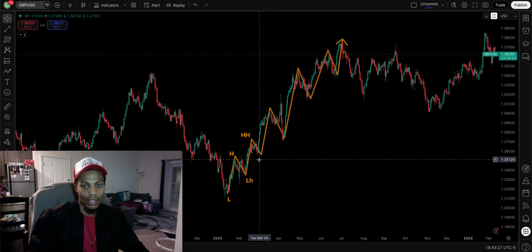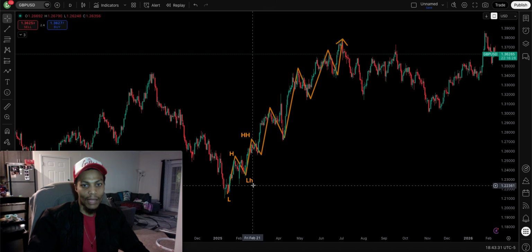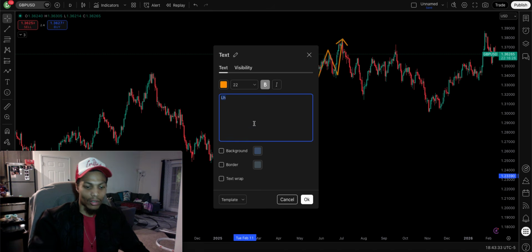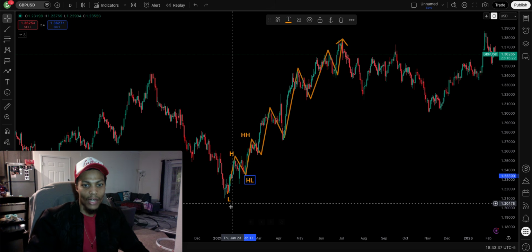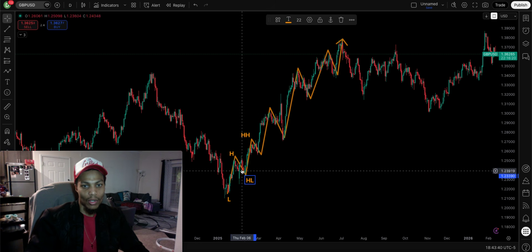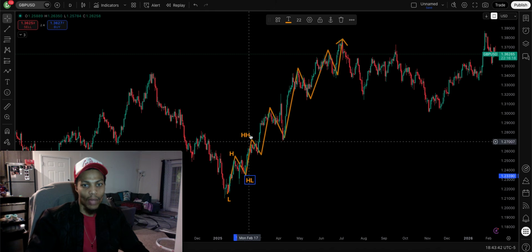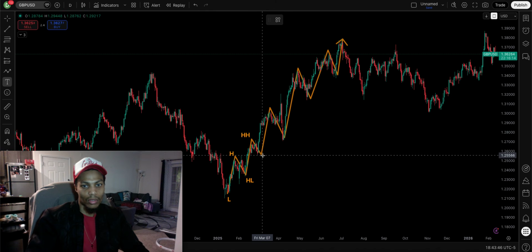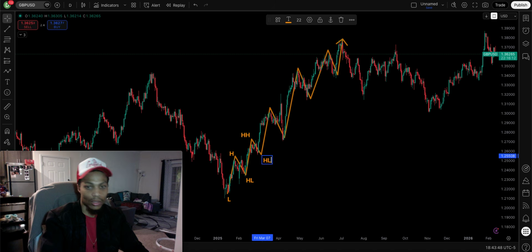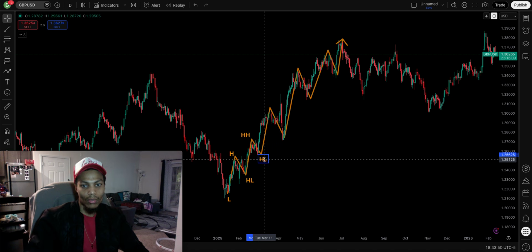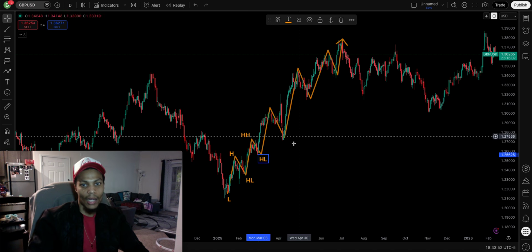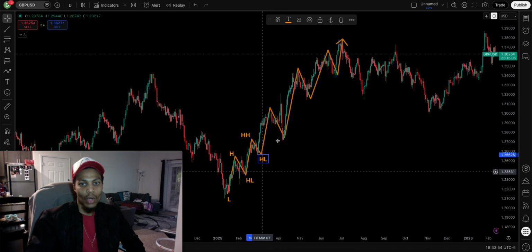Actually, no, I got that backwards. It's a higher low because this low is higher than the previous low. So it's a higher low making a high followed by a higher high. So you got my words backwards, but y'all know what I mean. A higher low followed by a higher high. So that's what an uptrend will look like.